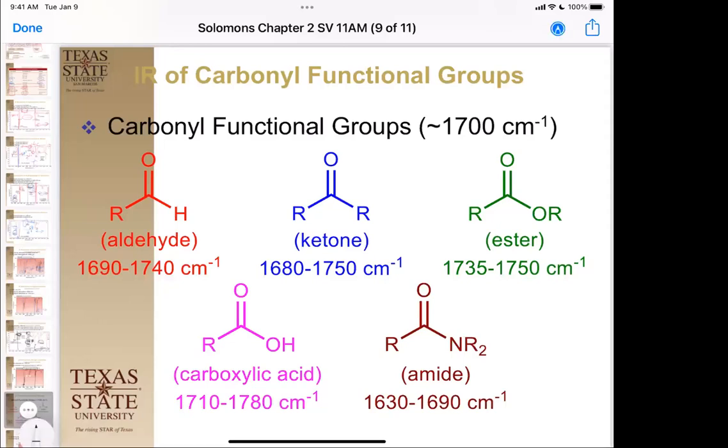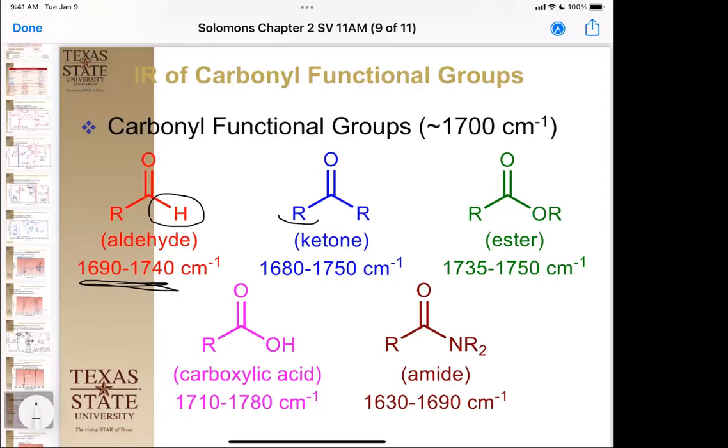So if we look at our aldehyde here, it's centered right around 1,700. That's the hydrogen. It has about the same electronegativity as carbon, so that's kind of the center point.